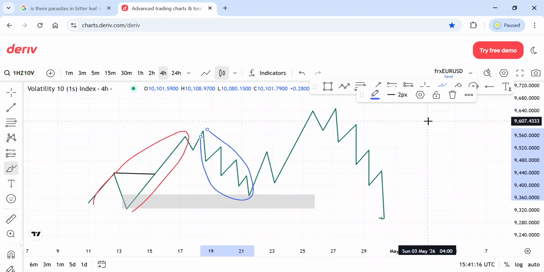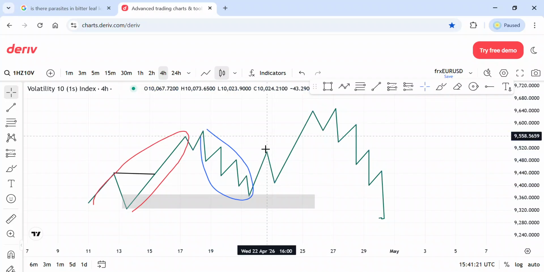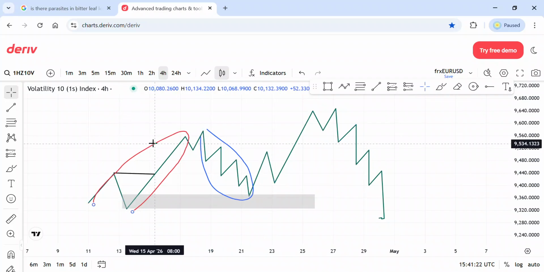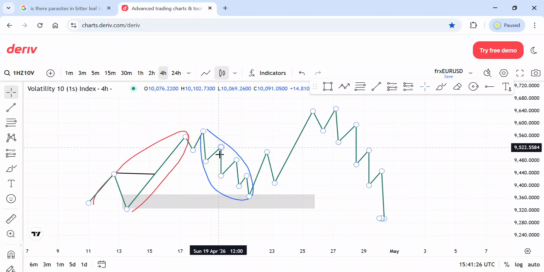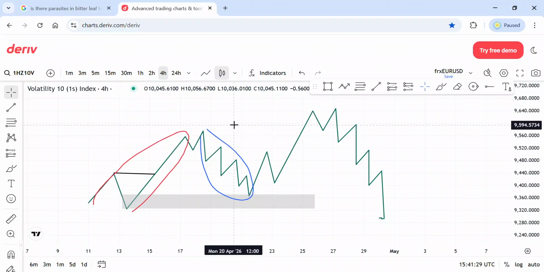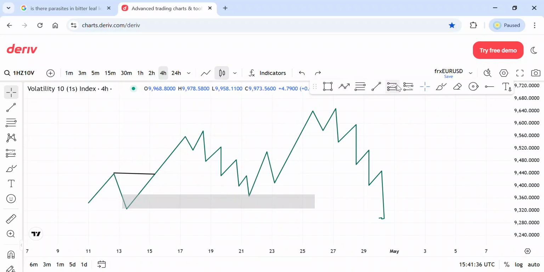Let's just assume like that. Let's say this red circle is our 4 hours, while this blue circle is our 15 minutes time frame. Let me undo it so that the chart can be clean. All right. So now you already know these are 4 hours and these are 15 minutes.